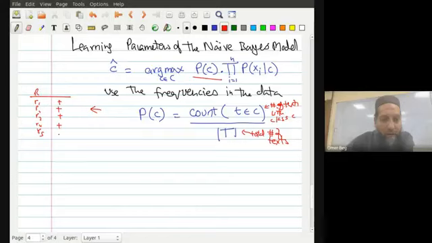You have 4 positive reviews and 1 negative review. So the prior is telling us the probability of positive reviews. In this case, the prior for the positive class would be 4 over 5. It would be higher. The probability of having a positive review is higher.